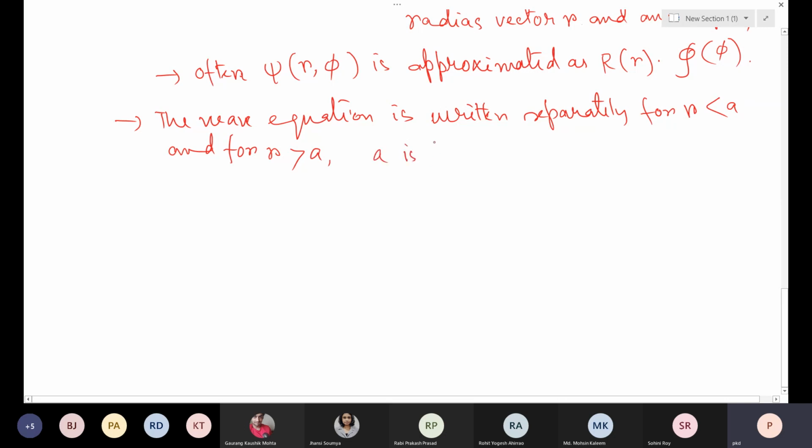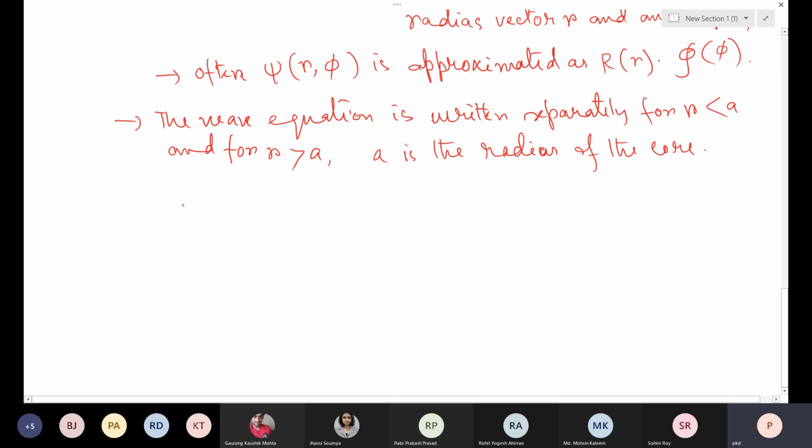So a is the radius of the core. So basically the equation is written in two forms, that for r less than a and r greater than a, and then it is solved.